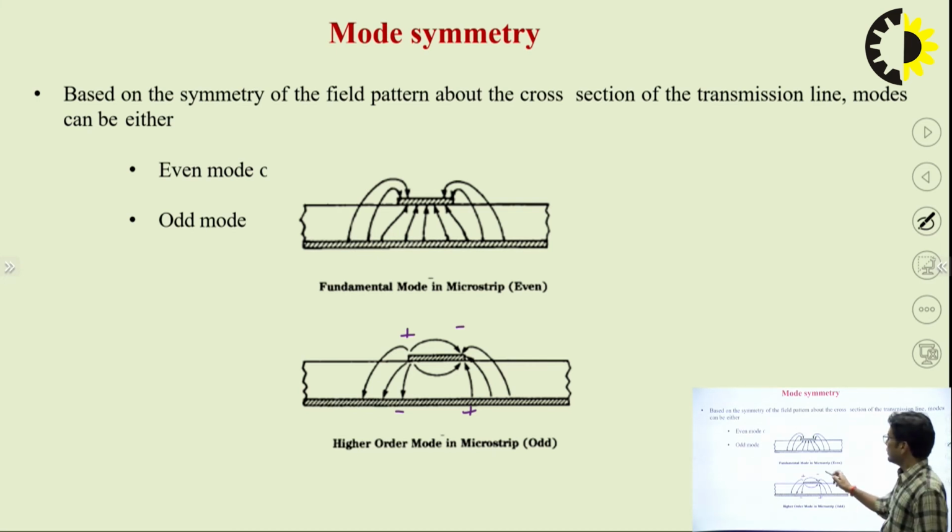Also we can say this one is asymmetric, or we can say odd. So this one is odd symmetry, and this mode is known as the higher order mode. So even mode and odd mode we can clearly see here. We can say the even mode is the fundamental mode, and the fundamental mode is known as the dominant mode.